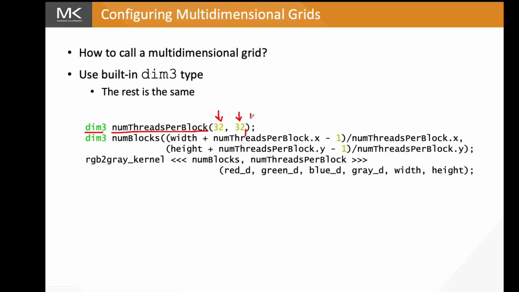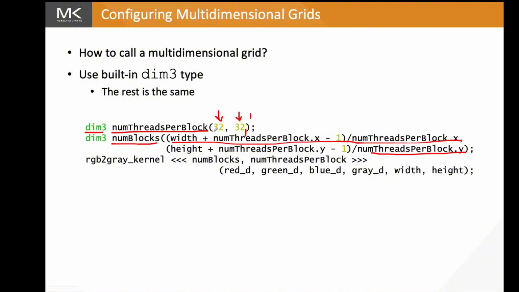Okay. So similarly, we can define the number of blocks using the ceiling formula, but here we just use 2 dimensions, right? So the ceiling along the x dimension and also along the y dimension.